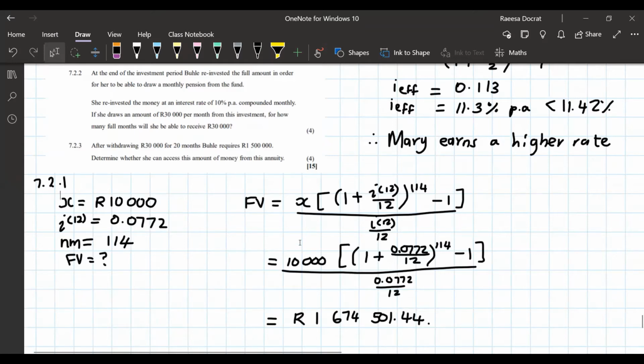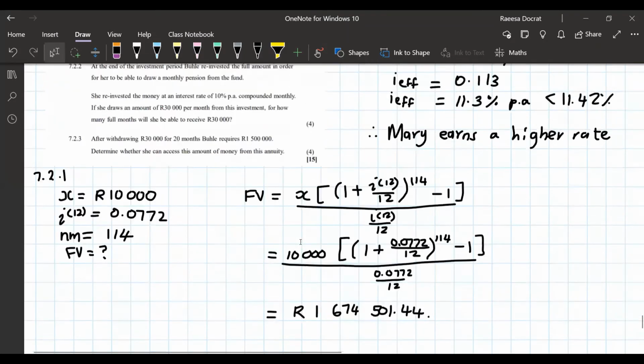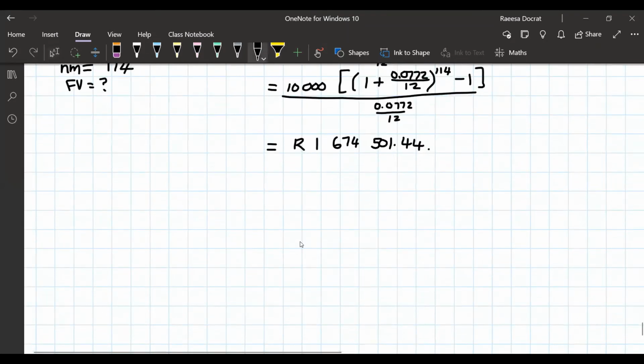Okay, so we're going to now write down what we were given again. So 7.2.2. So now she's making monthly withdrawals of 30,000. So our X is 30,000. Our present value, how much it's worth at this time, we know is 1.674 million.